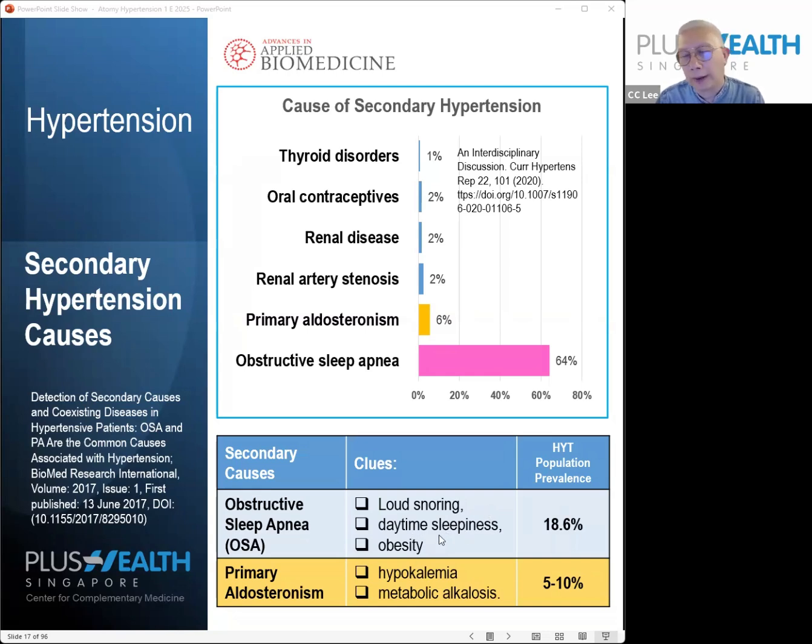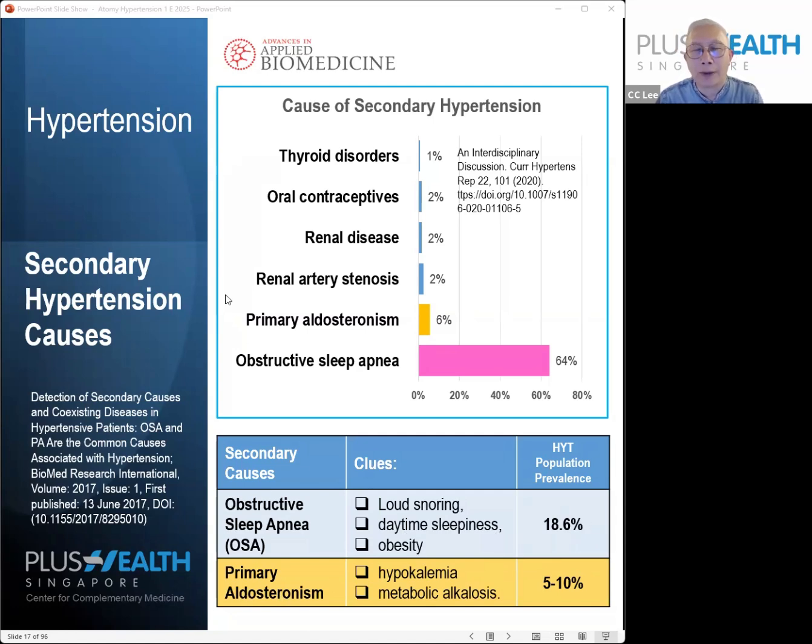And then obesity and daytime sleepiness are quite common in people who suffer from OSA. The prevalence rate is about 18% in the hypertension population. It means that among the hypertension population, about 18% suffer from OSA.